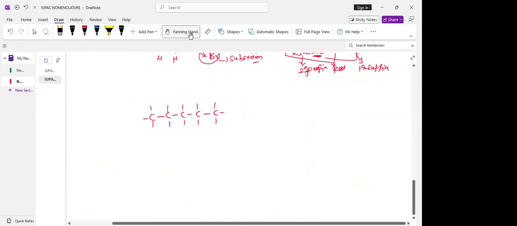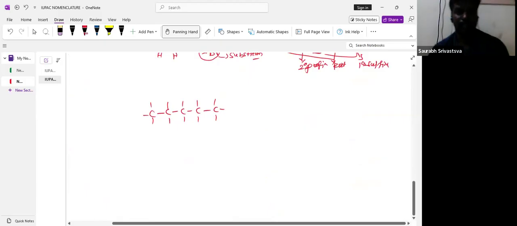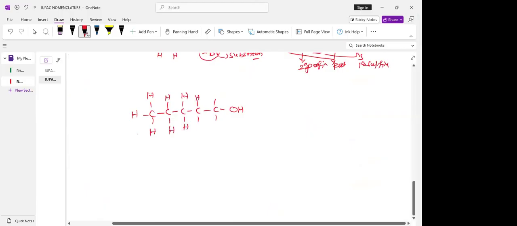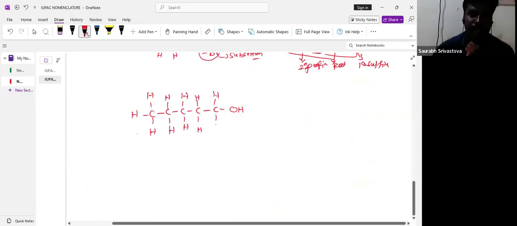Okay. Next see here. Here OH group I added. And here hydrogen, here hydrogen, here hydrogen, this side hydrogen. Now, how can we name the compound? First, what we should do?